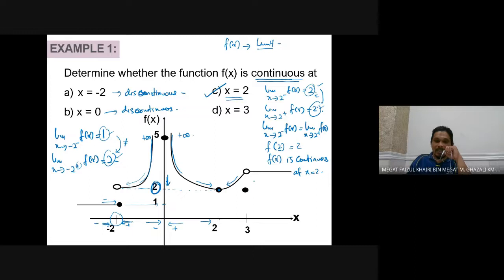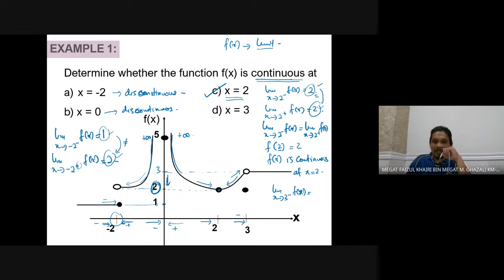And let's take a look at this. When x approaches 3 from the left, the limit of the function f(x): let's say I put the value of y here equal to 3.